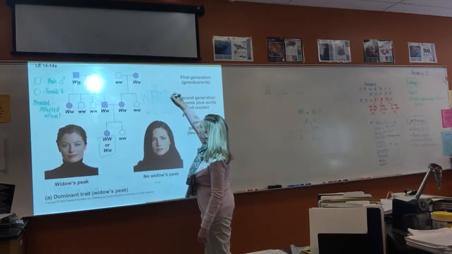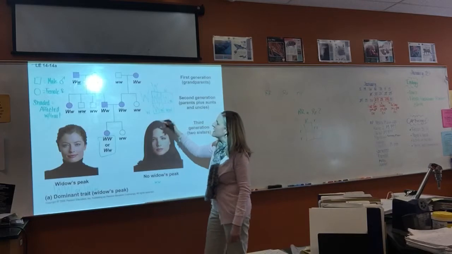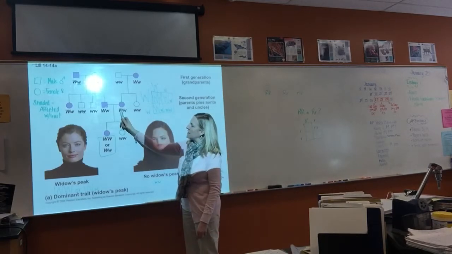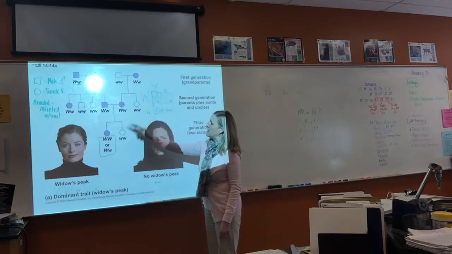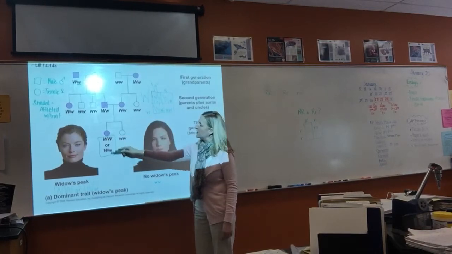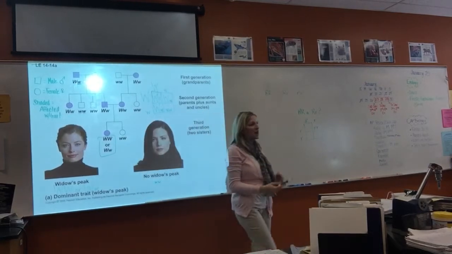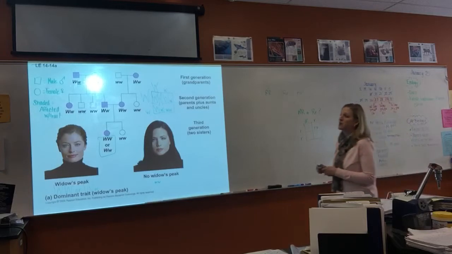Both of her parents are heterozygous, which these are the possible combinations in their kids. So when these 2 parents have a kid that is dominant, they could have a big W kid and have widow's peak, or she could be big W, little w, and there's no information on here to tell us one way or the other. So she technically could be either one from those 2 parents.